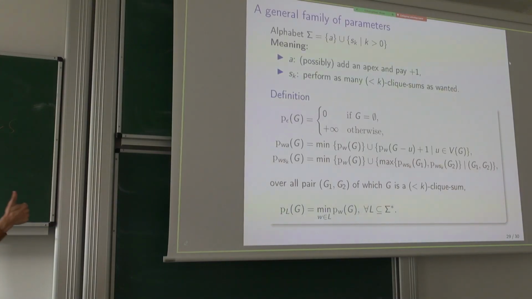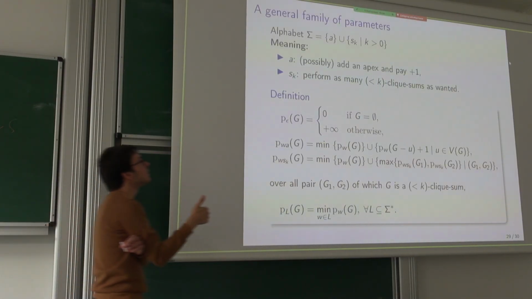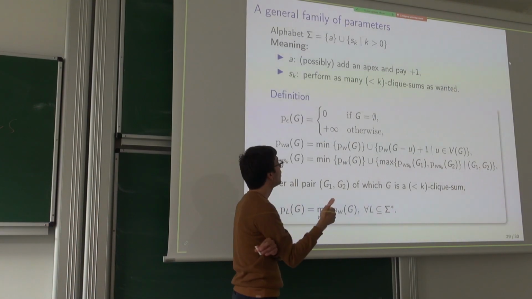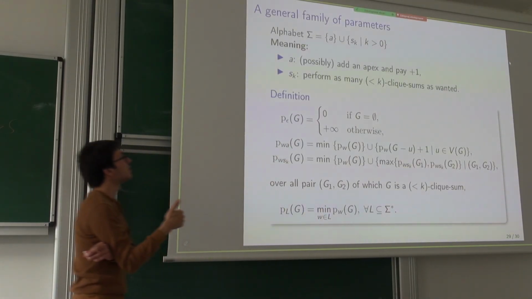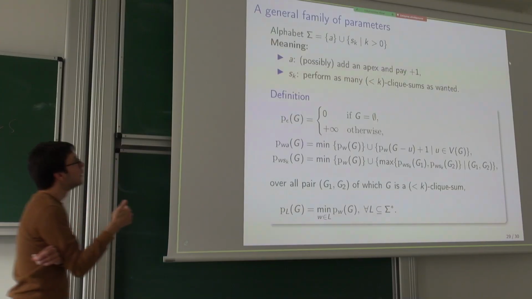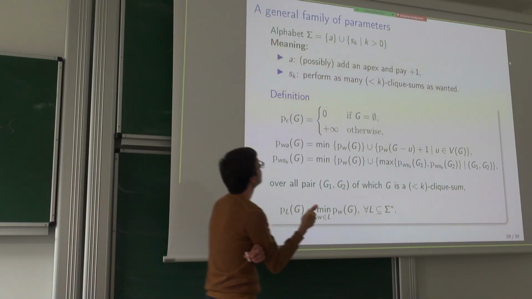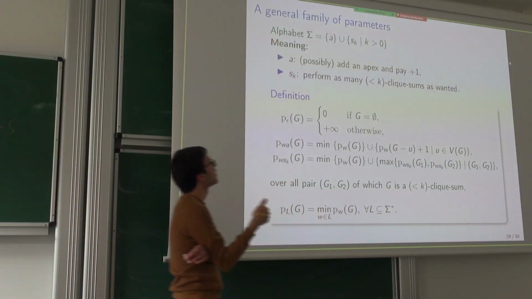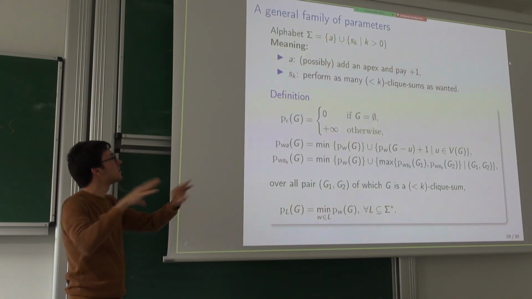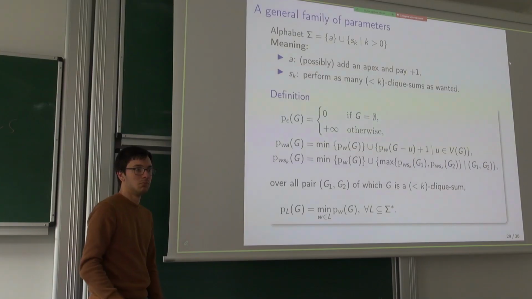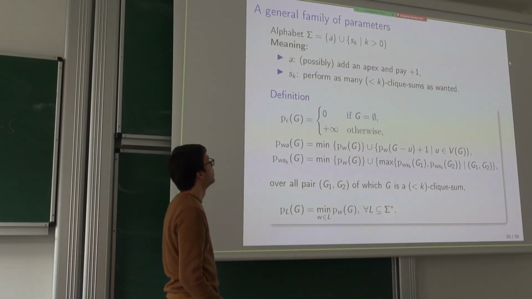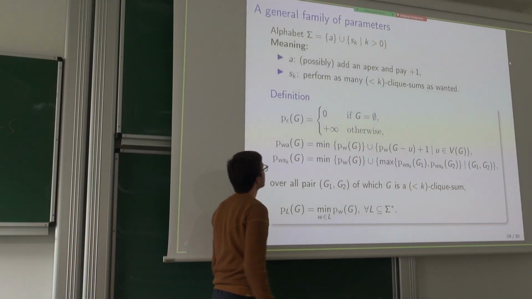So you have a letter A for apex, for adding a vertex. When you read the letter A, you are allowed to add a vertex, paying +1 for it. And you have letters sk for every positive integer k, which says, okay, now you can do less than k clique-sums of what you obtained before, as many as you want. Okay, so formally you can describe it like that.